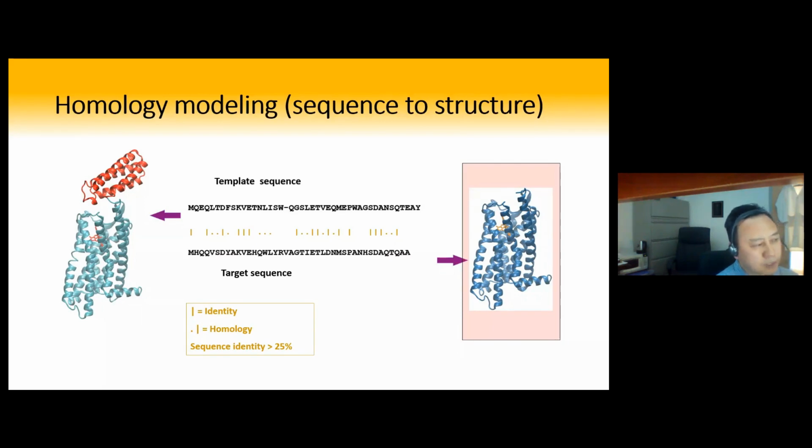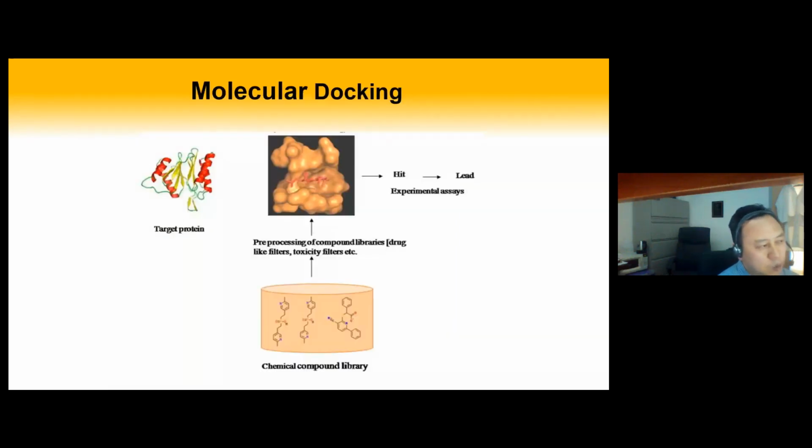With the sequence, we can build up the structure, and with the structure, we can try to understand the active site. With that information, we can use the technique to dock those potential compounds in the active site and score them, and then just pick the top compounds based on that scoring.